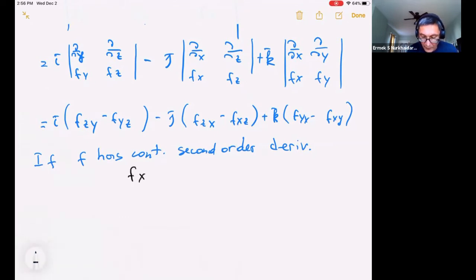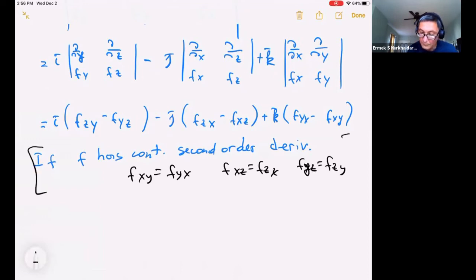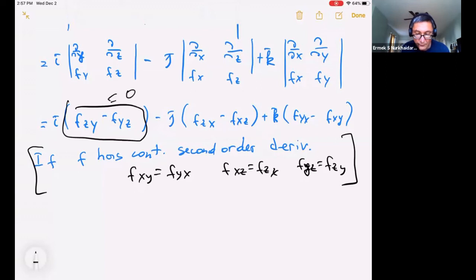That's kind of a comment: yz is the same as zy. So if you go in xy or yx, you're going to meet, if the function is nice enough and has continuous second order derivatives. So in this case, that is going to be 0, that is going to be 0, that is going to be 0.